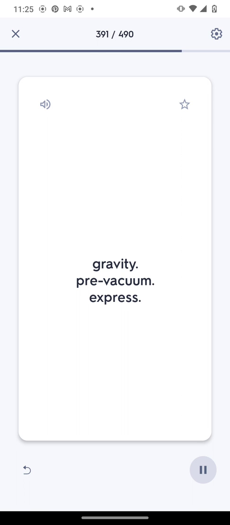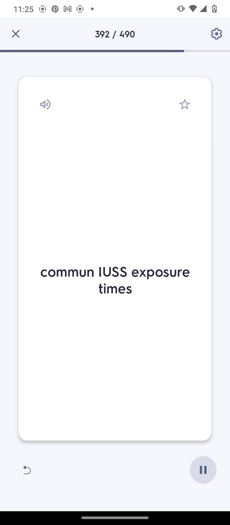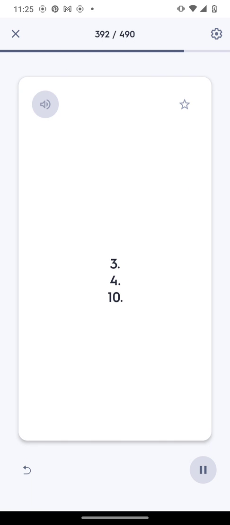Flash cycles: gravity, pre-vacuum, express. Common exposure times: 3, 4, 10.